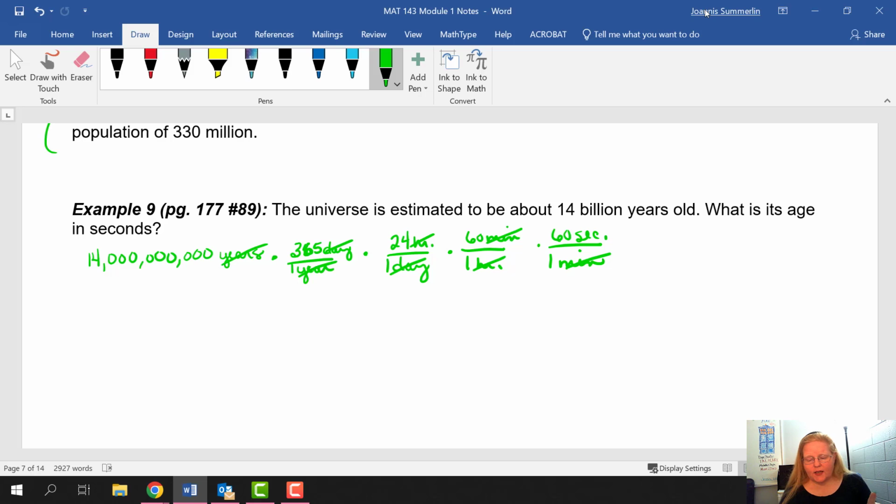Instead of us starting with this great big number, let's instead start with 60 times 60 times 24 times 365, because your calculator can do that number. And then instead of multiplying it times this great big number, just multiply it times 14.